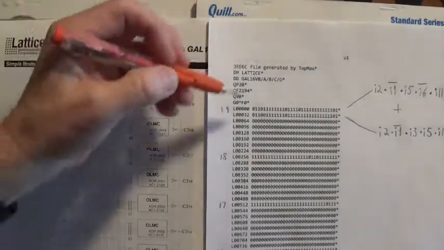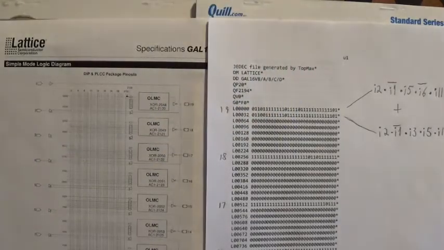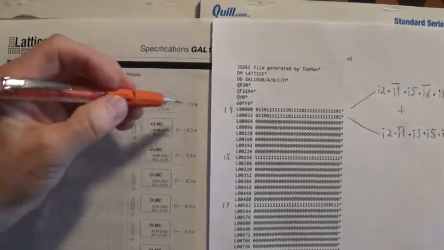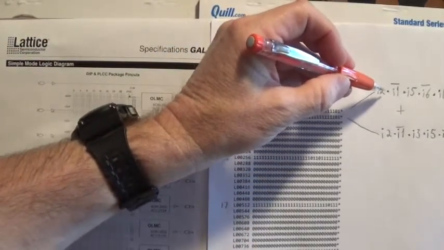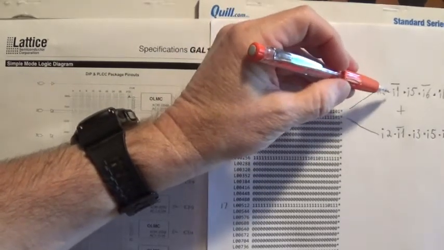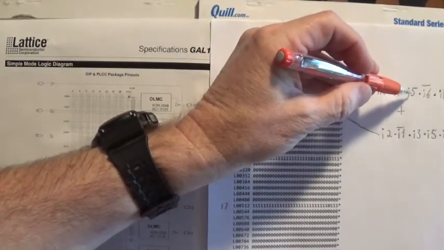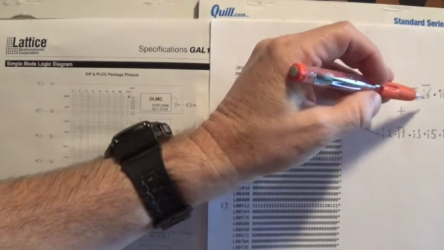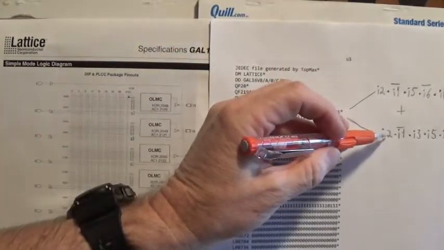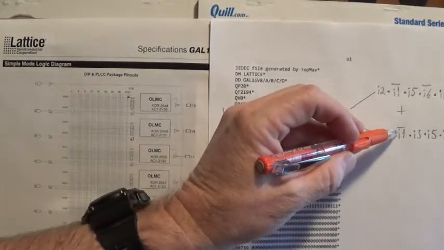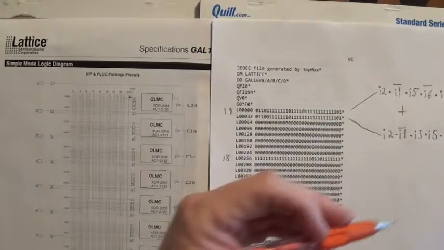So here we have 2 lines that we just hand disassembled. To make pin 19 go active, input pin 2 high and input pin 1 low, and input 5 high and input 6 low and input 11 high, or input pin 2 high and input pin 1 low and input 3 and input 5 and input 11.